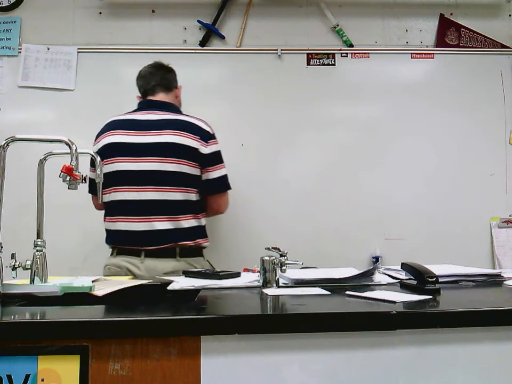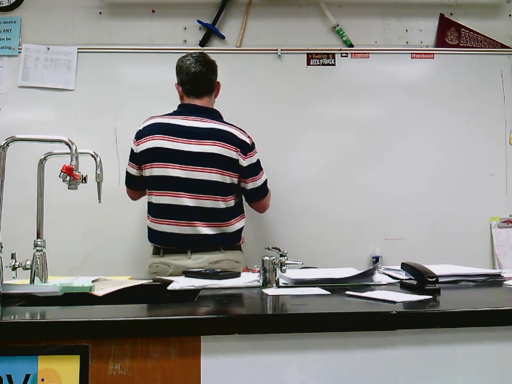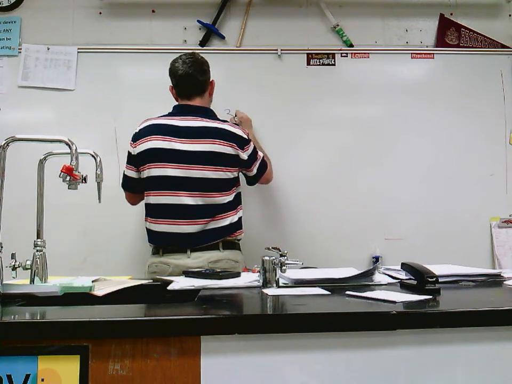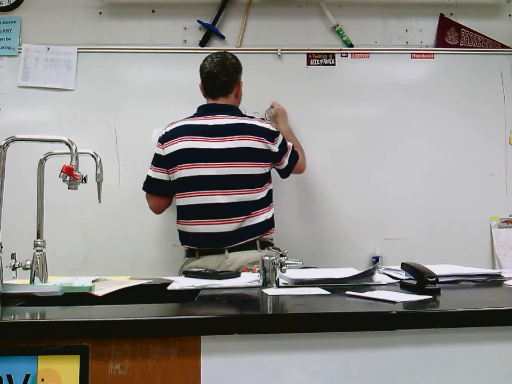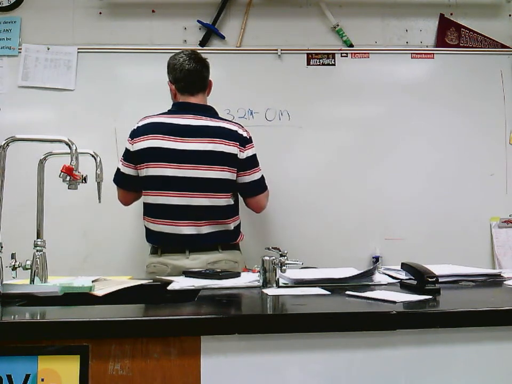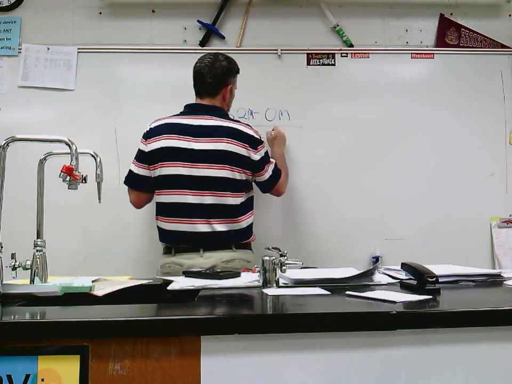Okay, determine the reaction rate, 3.2. The initial concentration is 0 molar since none remained yet. Okay, so we have final minus initial molarity. And we have final time minus initial time.